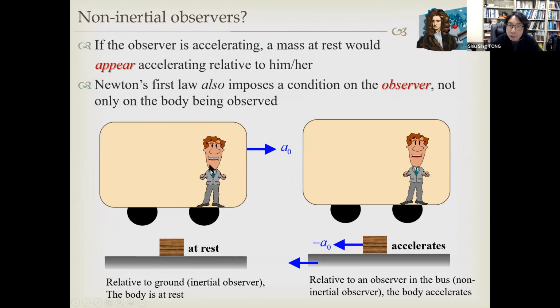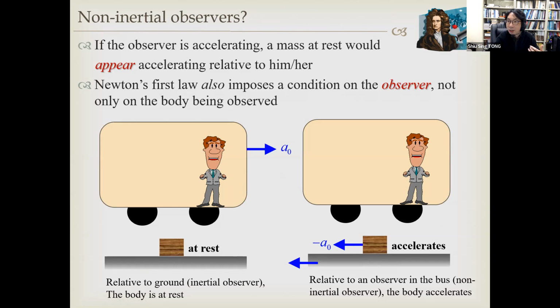But what would happen if I look at this object from the point of view of the observer inside the bus? Now, for the observer inside the bus, he will be seeing all the objects and also the ground accelerating in the opposite direction. For an observer inside the bus, he will not be seeing himself accelerating. He will just see himself and all the objects in the bus to be at rest.